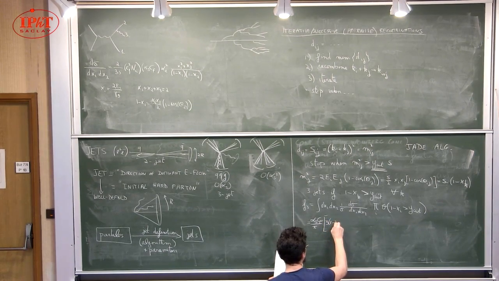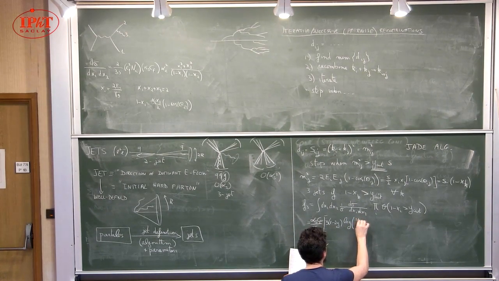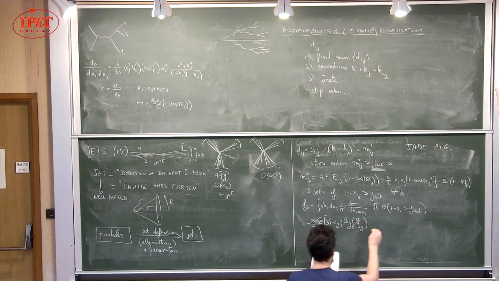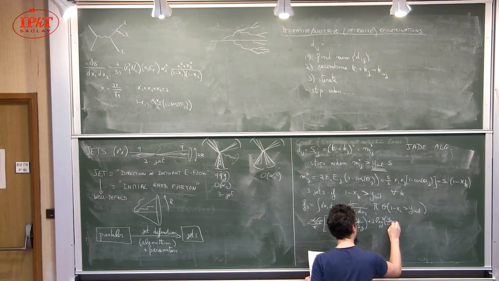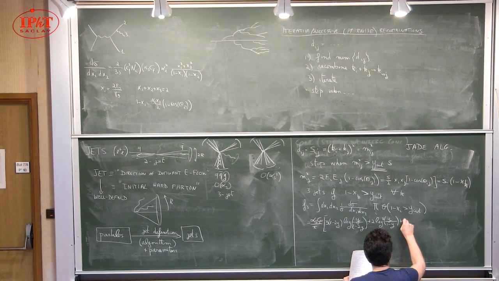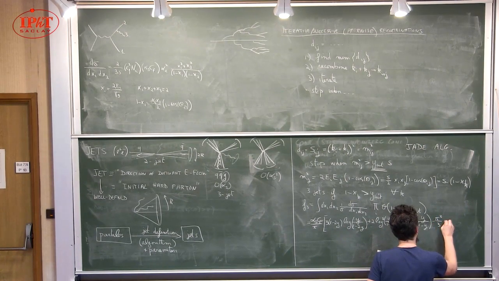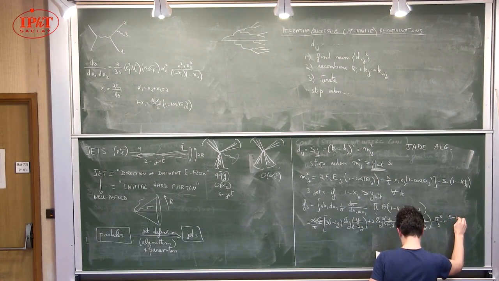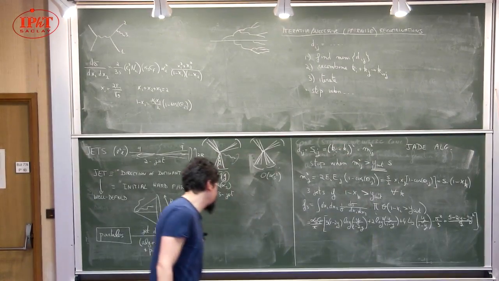Times 3 1 minus 2y log y, where y is y cut in this context, over 1 minus 2y, plus 2 log squared y over 1 minus y, plus 4 Li2 of y over 1 minus y, minus pi cubed over 3, plus some rational function, 5 minus 12y, so 2 minus 9y squared over 2, which is per se mostly useless. Well, no, let me take that out immediately.